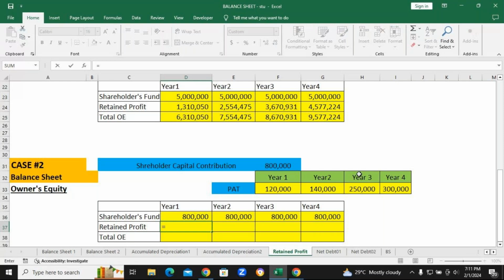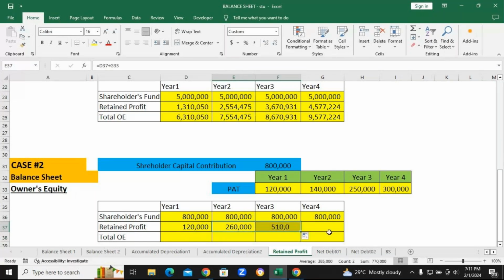So equals. Now here, how has it to be taken? The previous year's retained profit, we have to add it along with it. So previous year retained profit plus year two's retained profit. I come here and drag it towards my right.